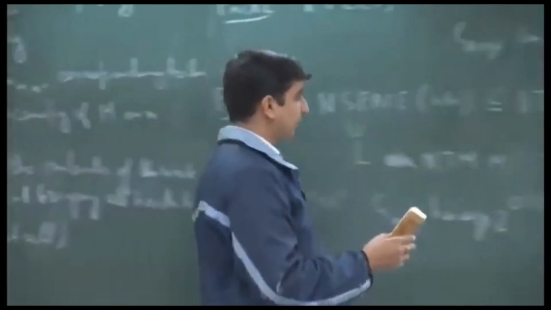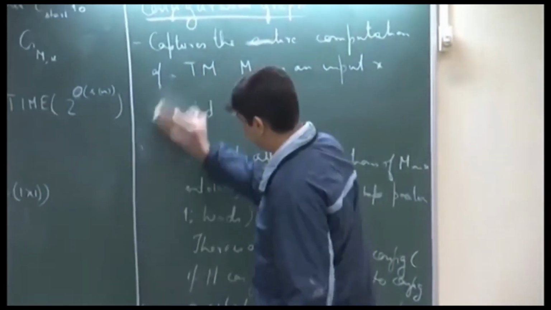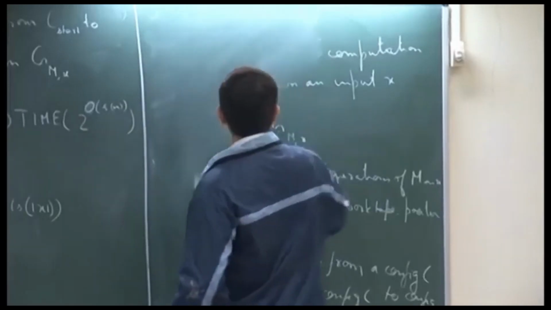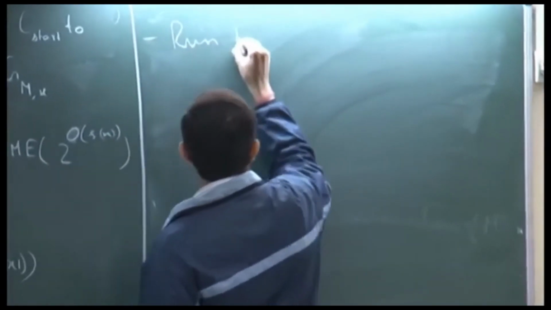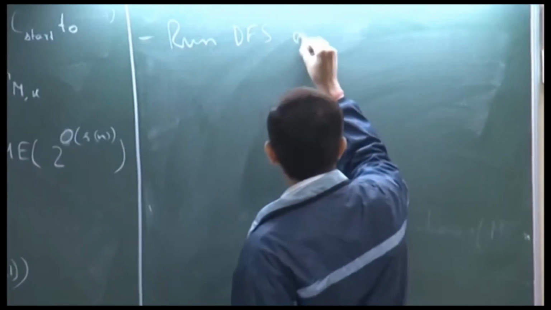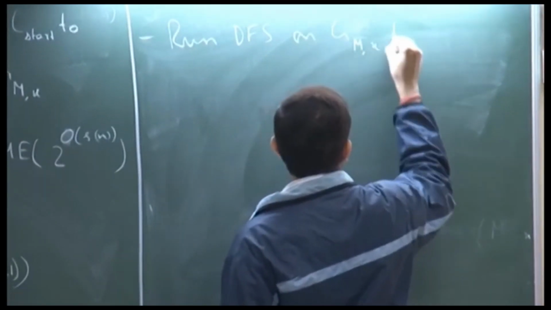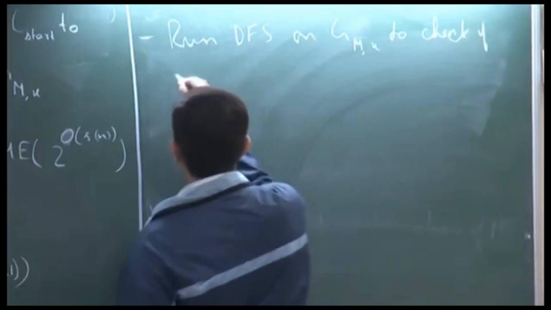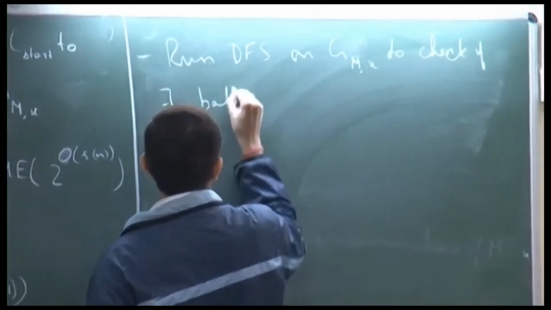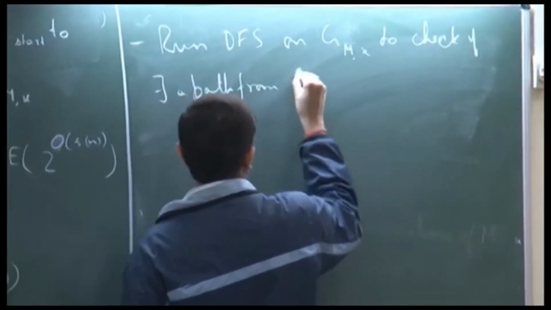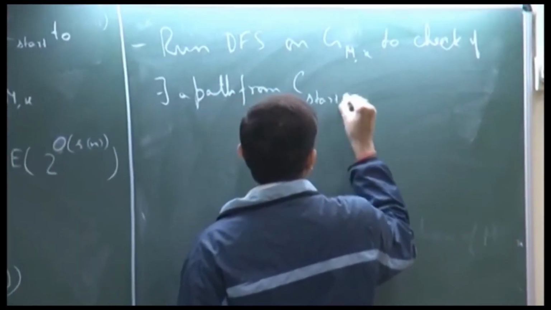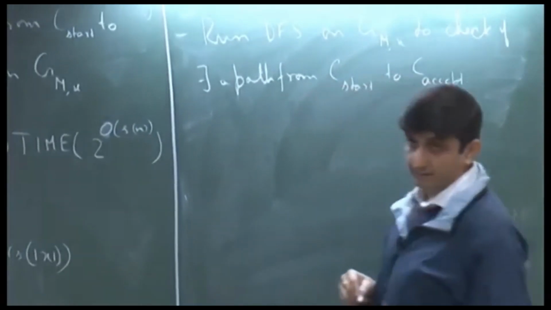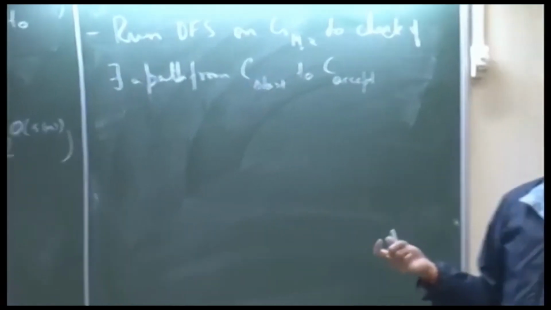So, let us run DFS on this graph to check if there exists a path from C start to C accept. If there is, then you accept x, otherwise you do not accept.